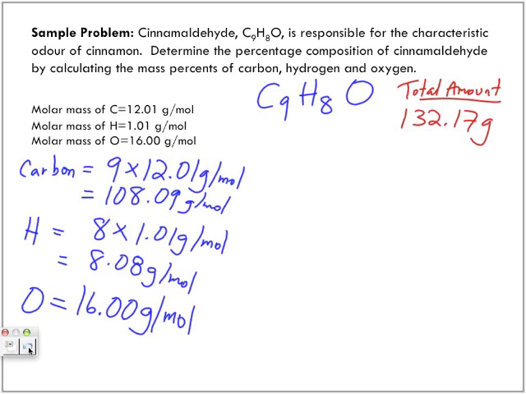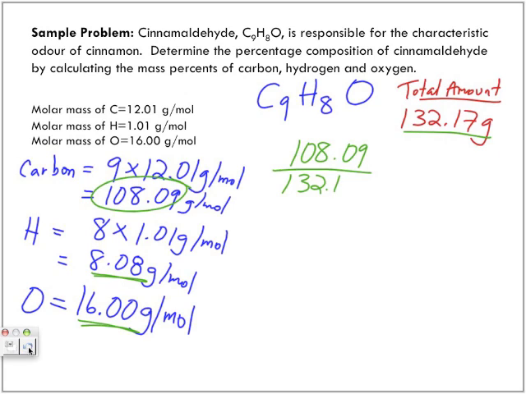grams. So what do you think we're going to do to find out the percentage of each and every single one of those elements? Exactly. We're going to take carbon, the 108.09, and divide it by this total, 132.17 grams, and multiply by 100.